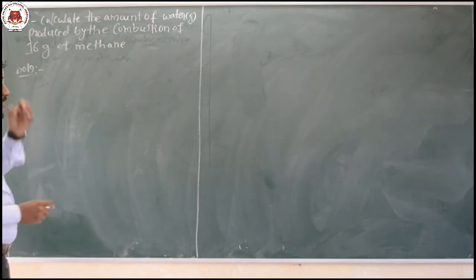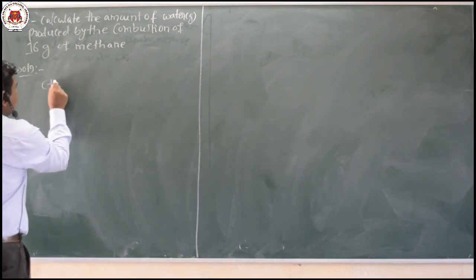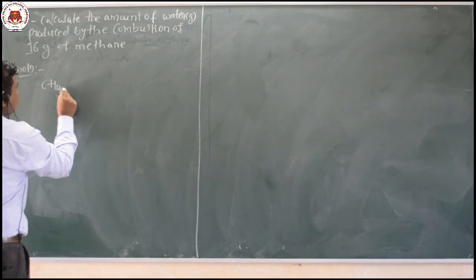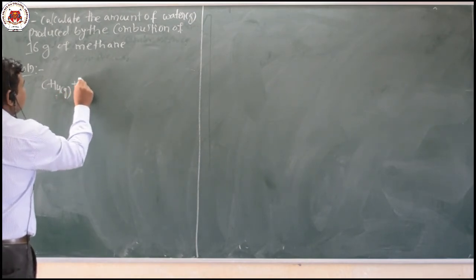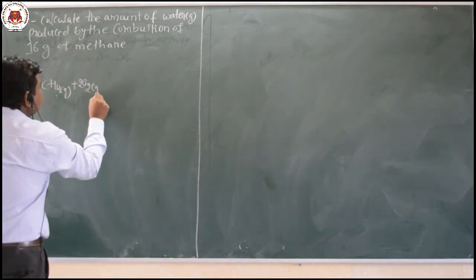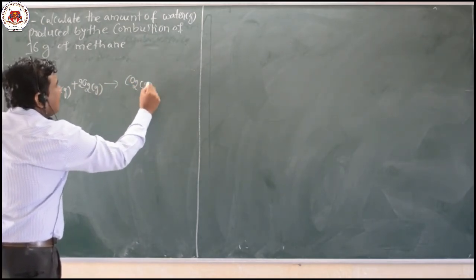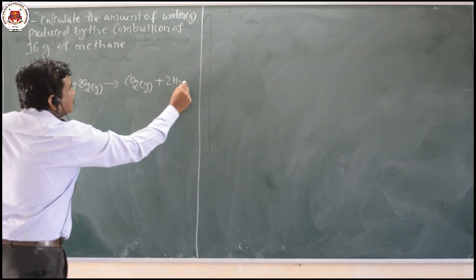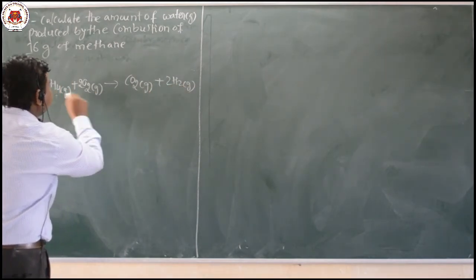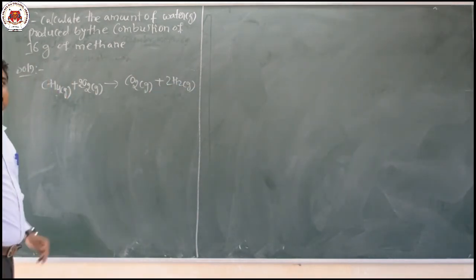We already know the balanced chemical reaction of the combustion of methane. Methane and oxygen react to form carbon dioxide and water. The G indicates phases: gaseous phase, L means liquid phase, S means solid phase.